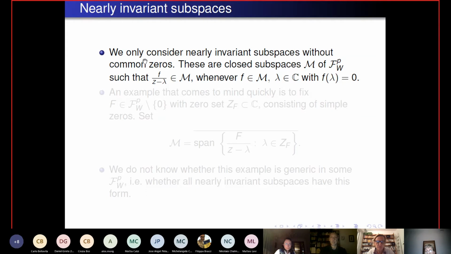The definition says you can divide out zeros no matter what. So if you have a zero of a function, you can just divide it out and you stay in the space.